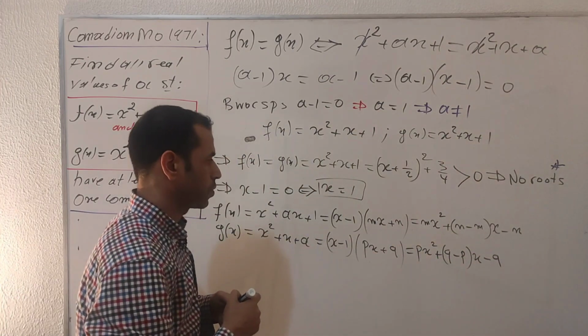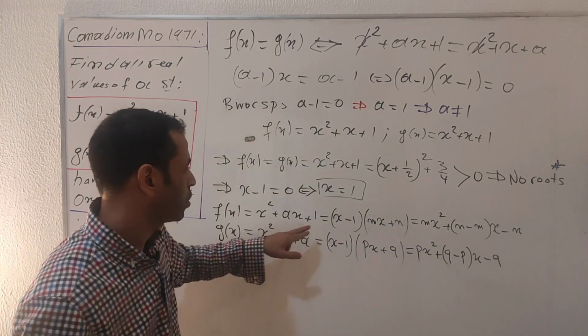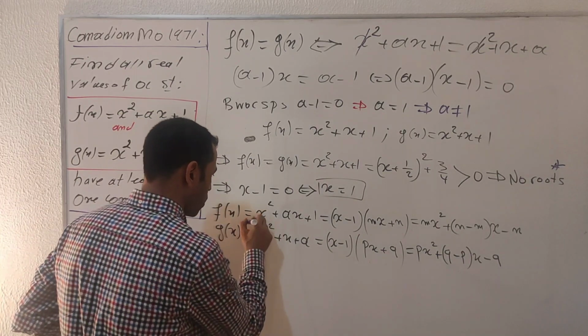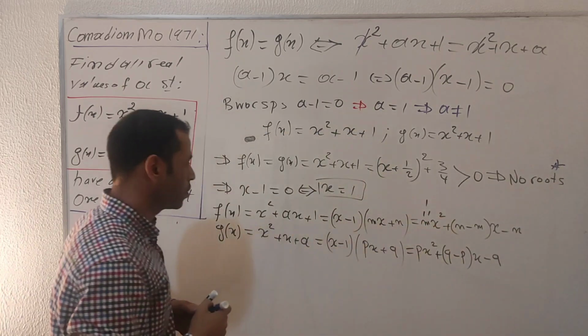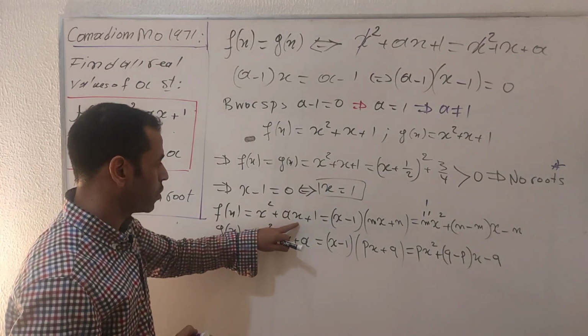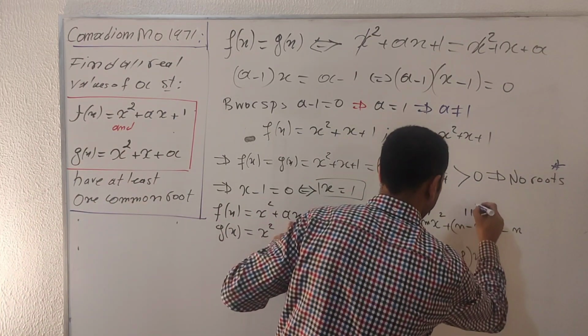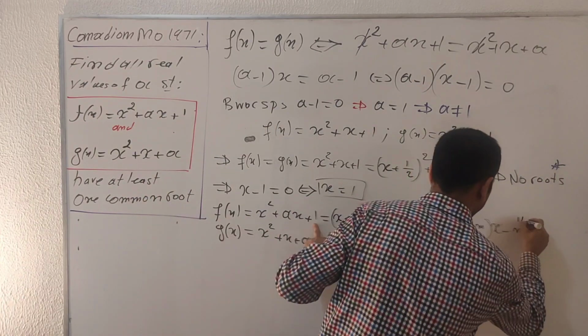Now I'm going to match like coefficients with like coefficients, order with order. For this function, m equals 1. For the second term, the coefficient a equals n minus m. For the last one, n equals 1.